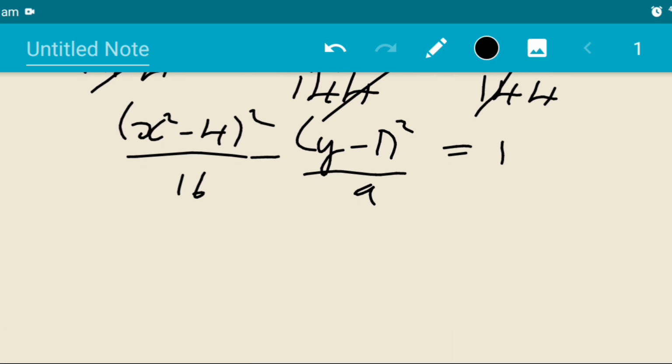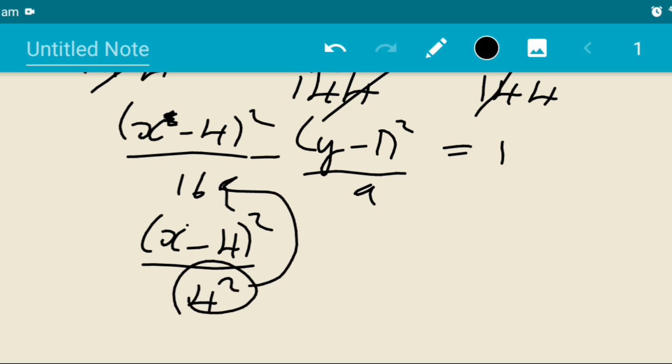Let's simplify it even further. Let's write this down in a more standard form. Surely this is standard but not completely, because of the squares here. We need to simplify this and take them into their usual forms. So we've got x minus 4 squared over 4 squared, because 4 squared is the same as 16.